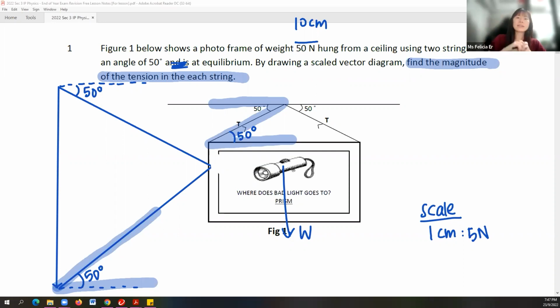You can actually type it in the chat to let me know that you are done. Like you can type the word done. Then I know that, okay, you have completed. So once you are done, click the raise hand button. For those of you who are fast, you can actually move on to do the next question. There's one more drawing on the next page. If you know how to do it, you go ahead and do it.